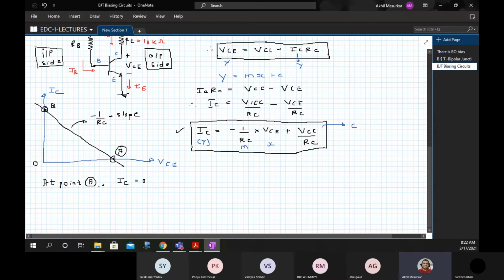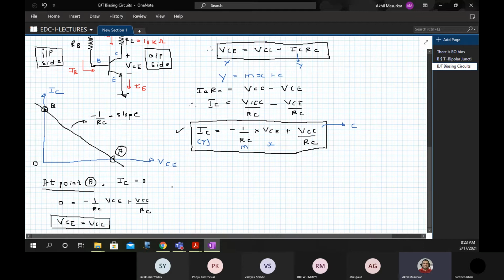So at point A, IC is equal to 0. So we can write 0 equal to minus 1 by RC into VCE plus VCC upon RC. So we can simply write VCE is equal to VCC.